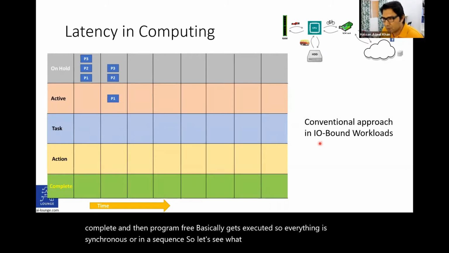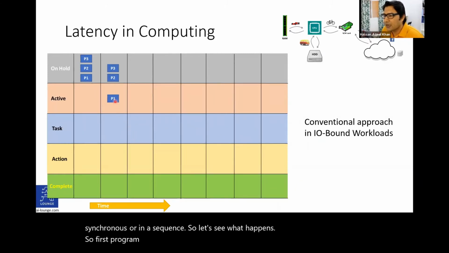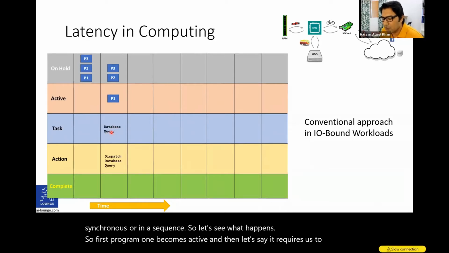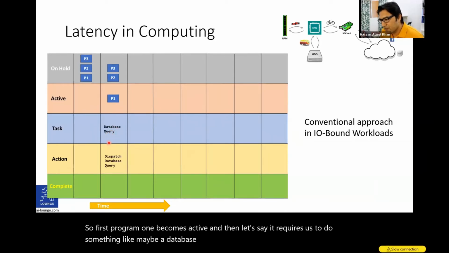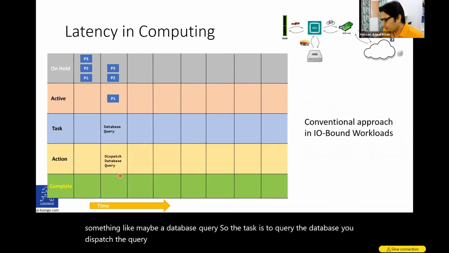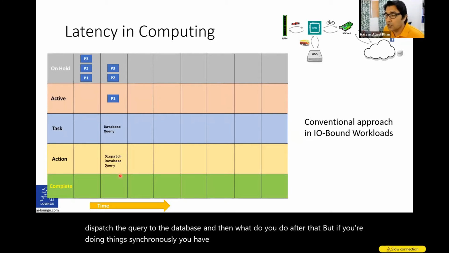First program 1 becomes active, and let's say it requires us to do something like a database query. So the task is to query the database. You dispatch the query to the database. And then what do you do after that? Well, if you're doing things synchronously, you have to wait for P1 to finish.